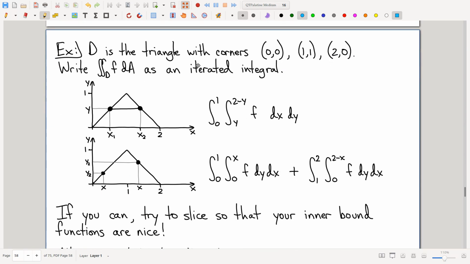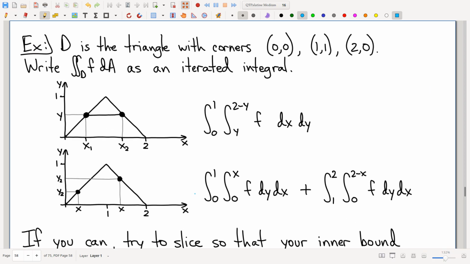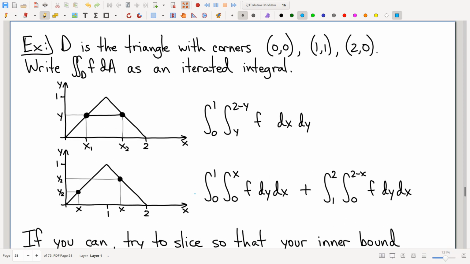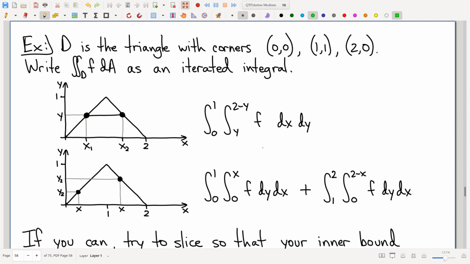Okay, here's another one. Again, we're going to do it two ways. Again, we're going to learn a lesson. You could put the dy on the outside, representative of doing your y slicing first, for which y slices look like that, and you end up with this. Okay, whatever. Or, what if I put the x on the outside?